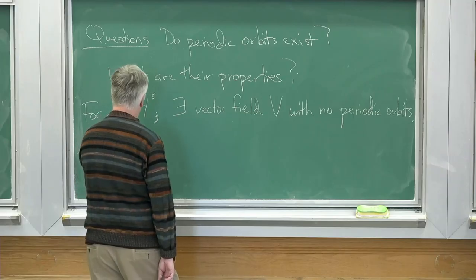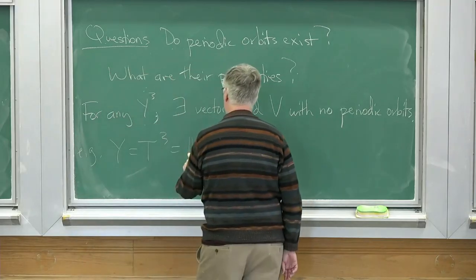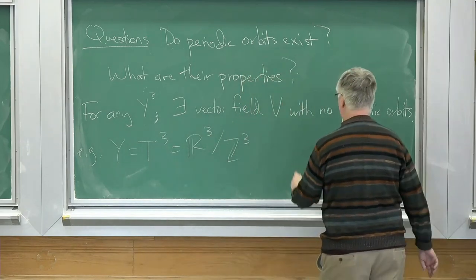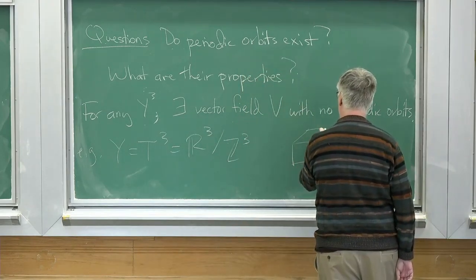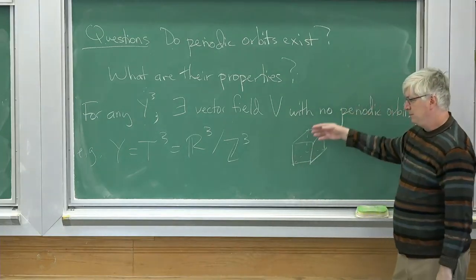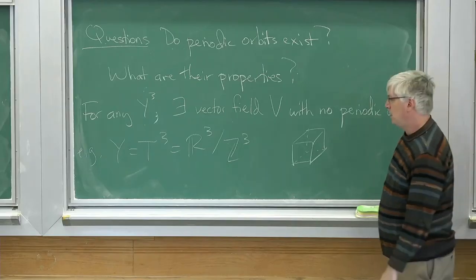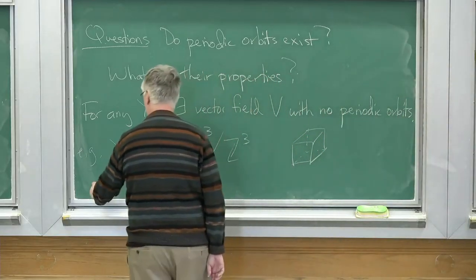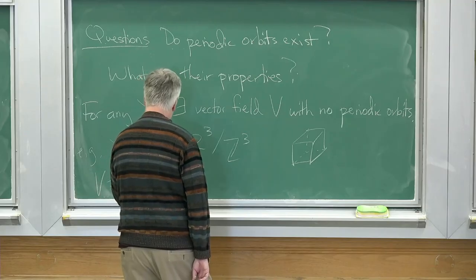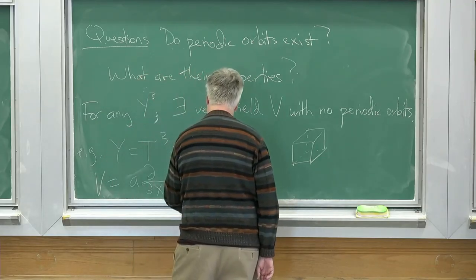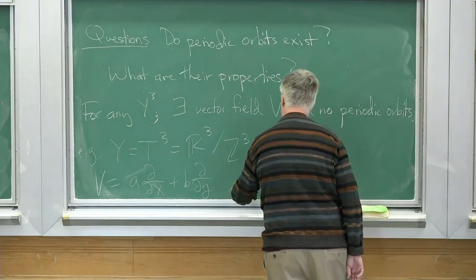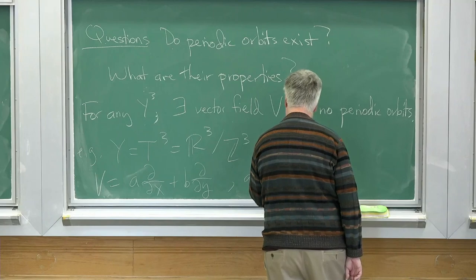is where Y is the 3-torus, which is R^3 mod Z^3. So it's just a cube where the opposite faces of the cube are identified. Then you could take the vector field to look like V equals A d/dx plus B d/dy, where the coordinates are x, y, and z, and A over B is an irrational number.